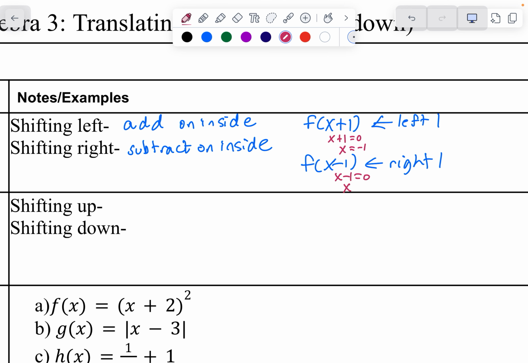Now, earlier we said C was the reciprocal. Okay, so I'll put that up there. Reciprocal is one of the hardest ones to graph. Okay, so that was B. Let me make a graph here.